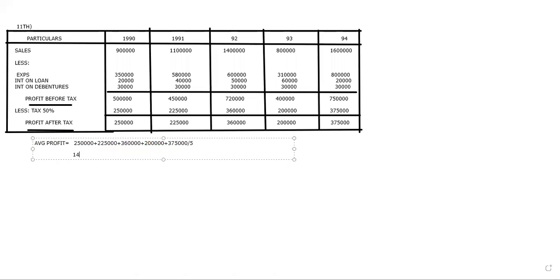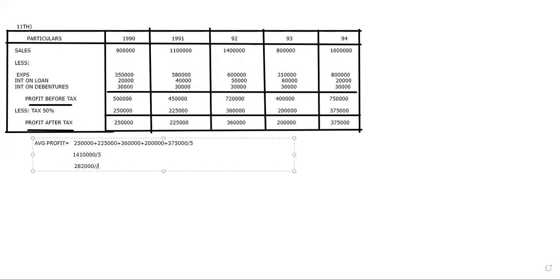So 14 lakhs 10,000 divided by 5 is 2,82,000. So this is our average profit.